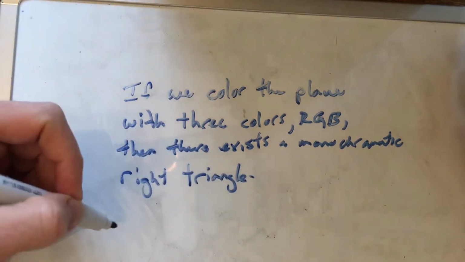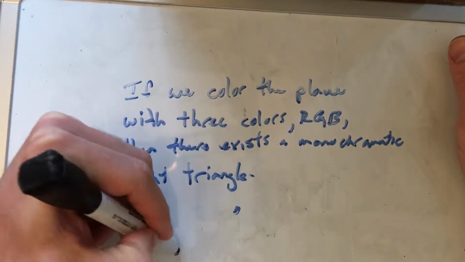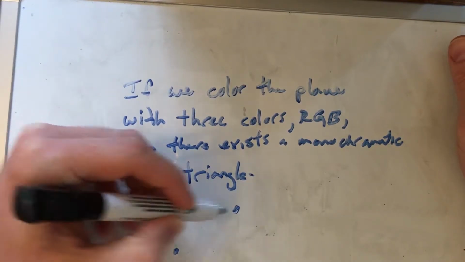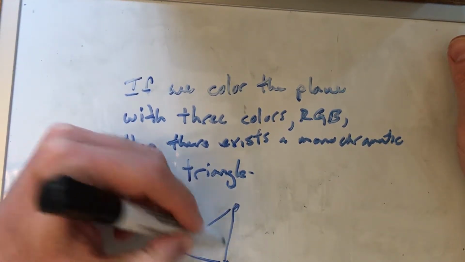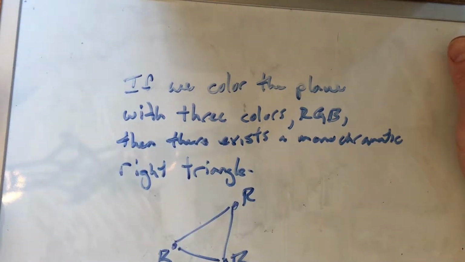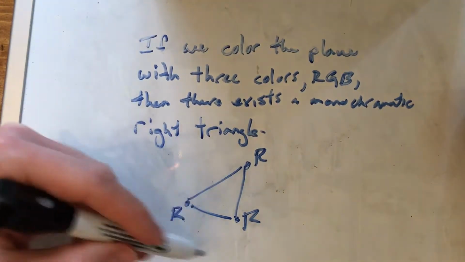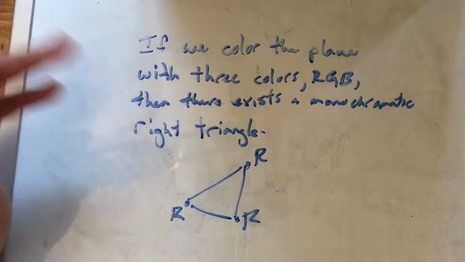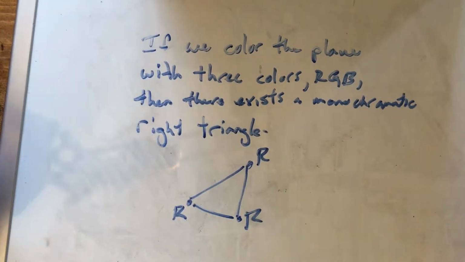Now, when we say monochromatic right triangle, what we mean is that the 3 vertices of the triangle, not counting the colors of the edges, are all going to have the same color. So in this case, maybe red, red, and red, or green, green, green, or blue, blue, blue. We don't say what color they must have.